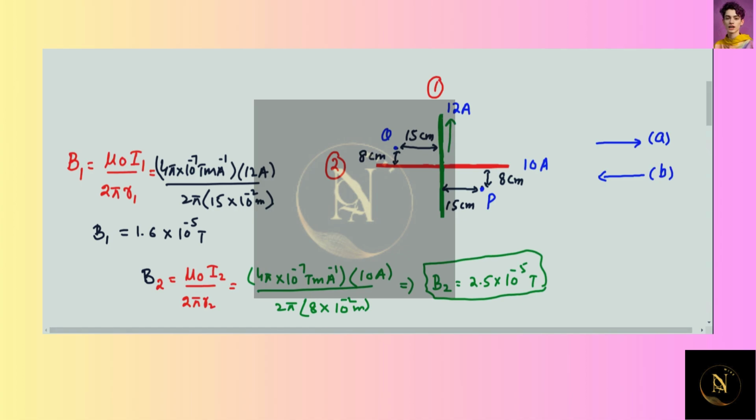In part A of this problem, we are considering the direction of current in wire 2 is from left to right. Now we want to find the net magnetic field at point P and point Q due to both these wires.